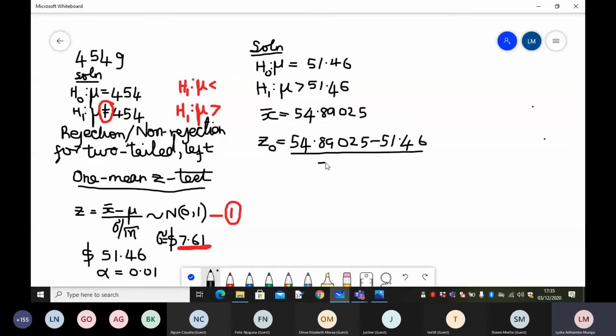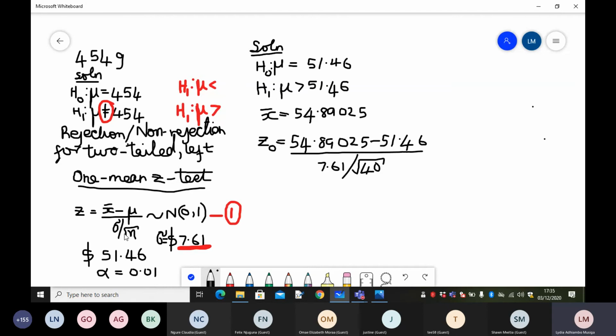Sigma is 7.61, divided by square root of 40, because we have a sample of size 40.